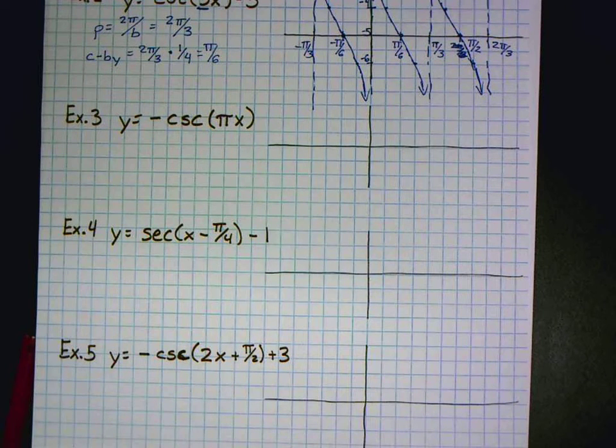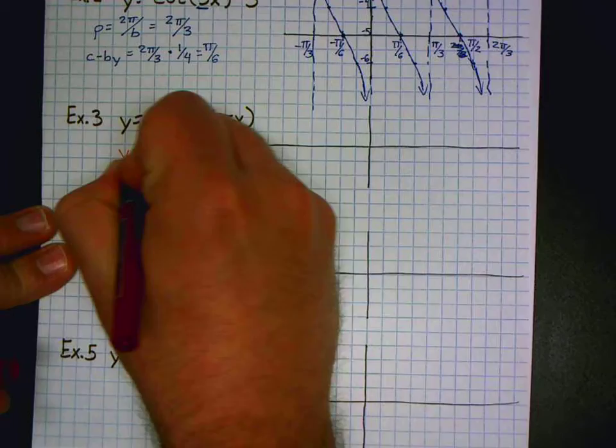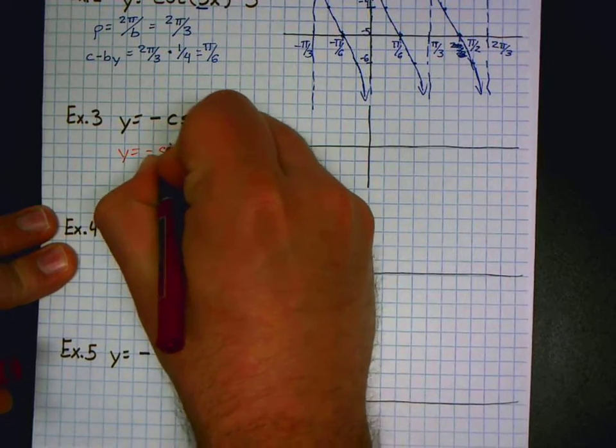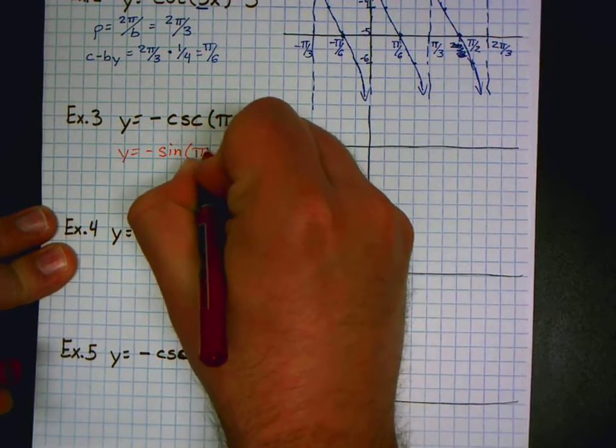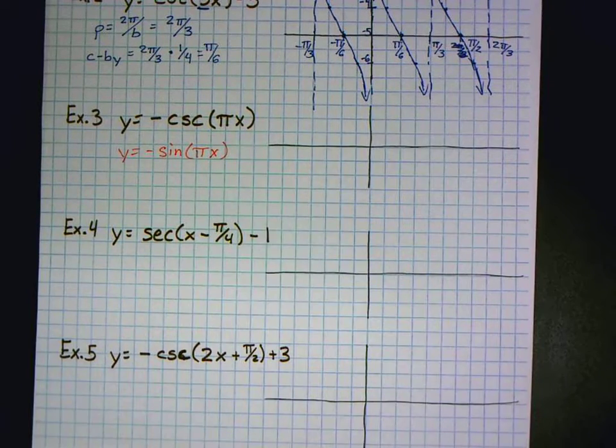Again, with these, I can show you this too. With these, if you're not understanding or if it's easier for you, you could graph this. You can graph that and then flip it.